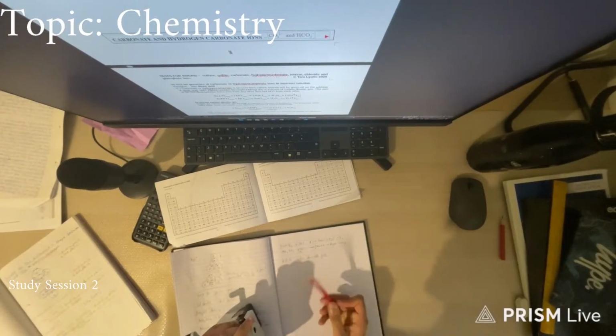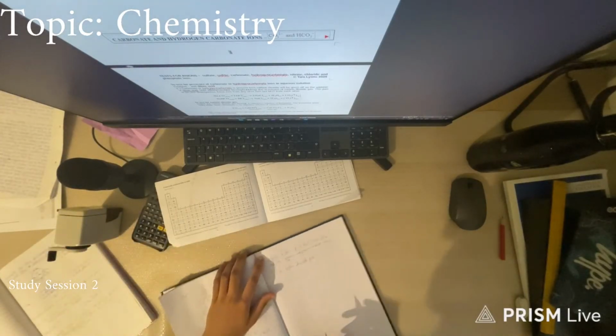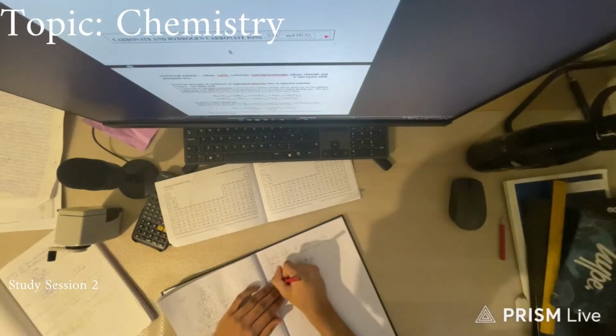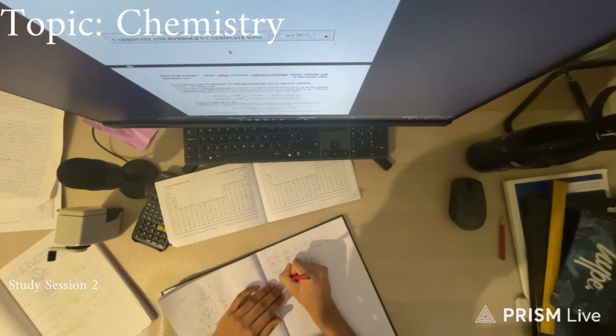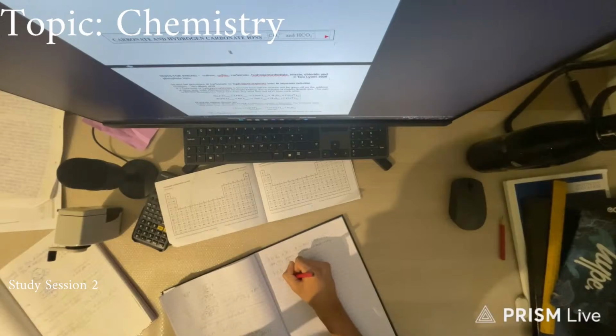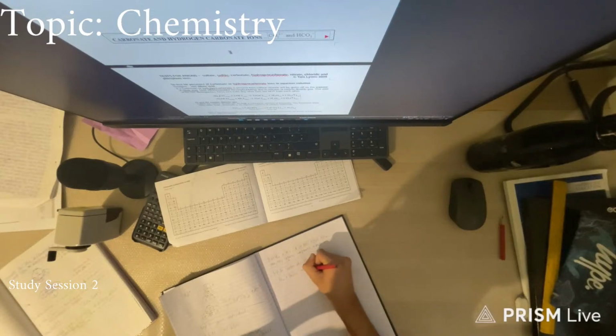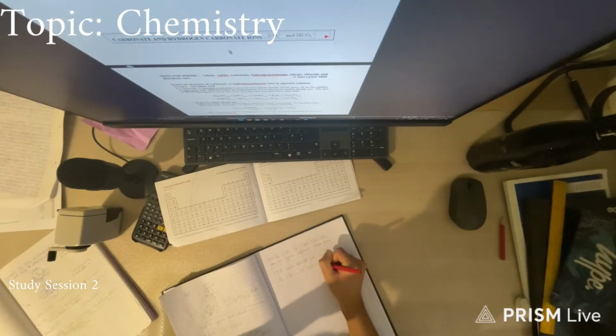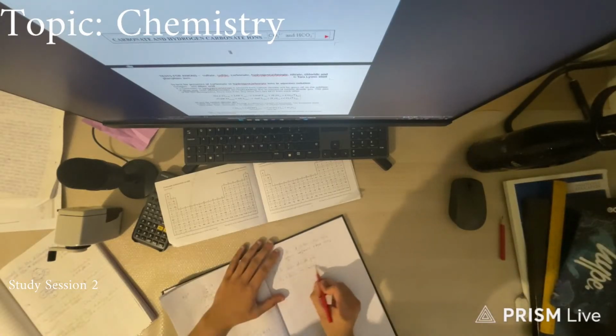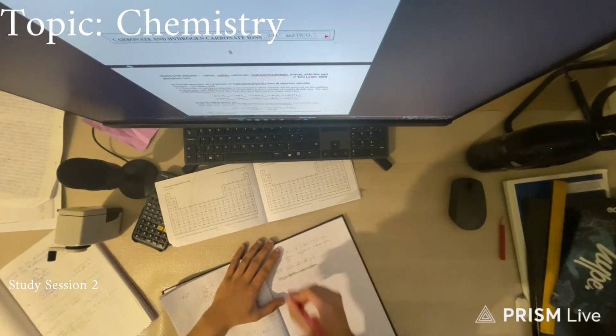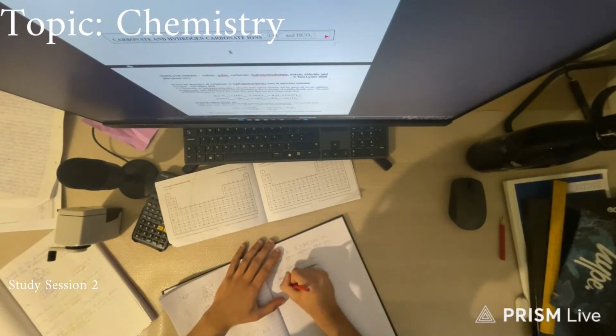So how do we test for carbon dioxide gas? We're going to bubble the carbon dioxide through lime water, which is calcium hydroxide.